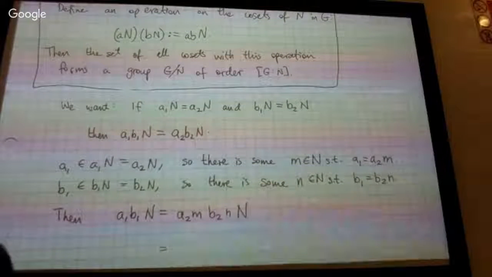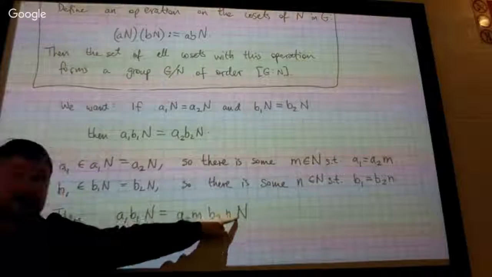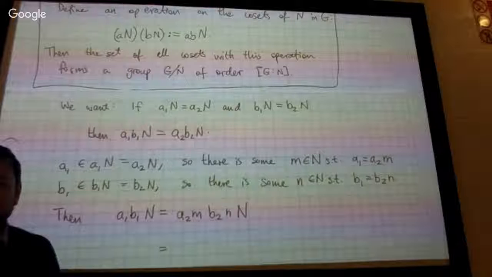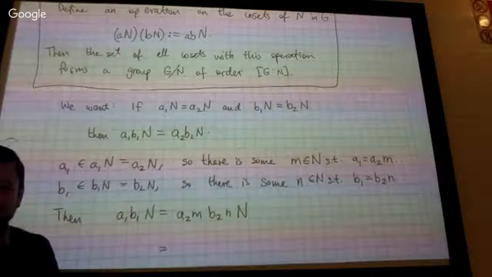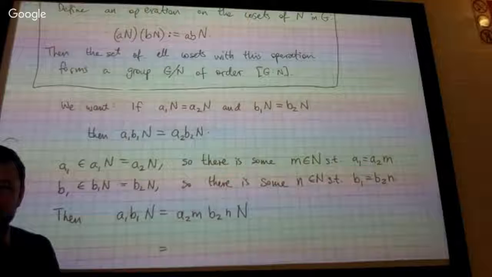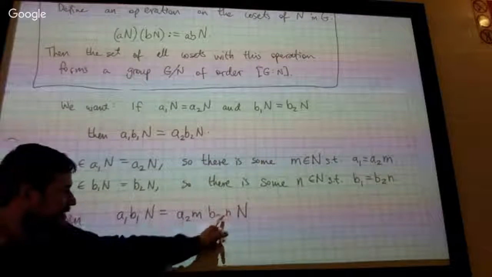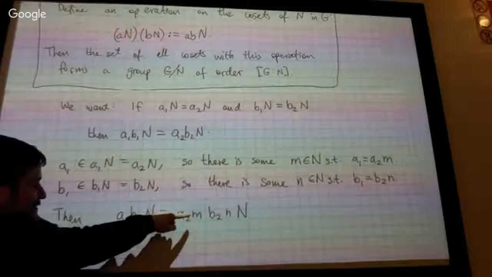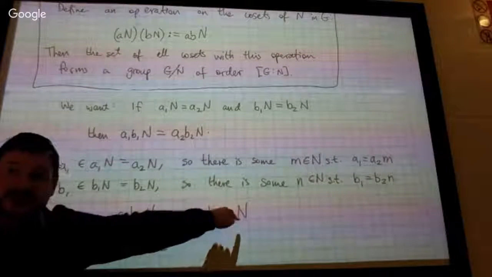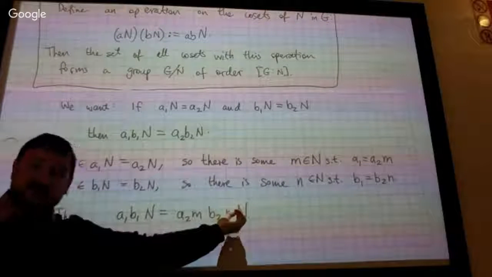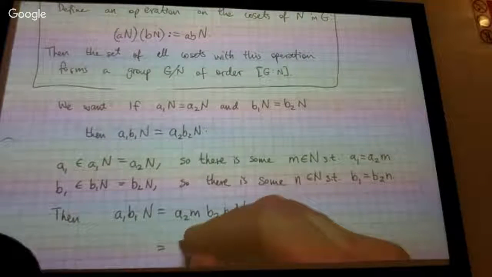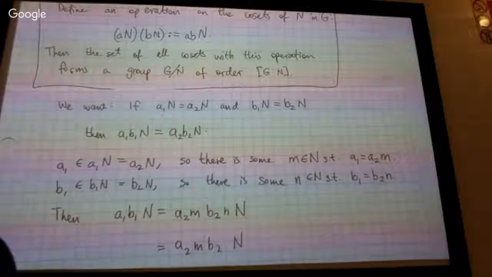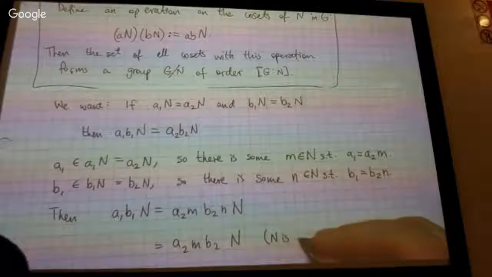Now, because this is in N, it can get swallowed by this N. It's going to be eaten like this. Because if you have an element A2, some element of N, B2, and some element of N, these two form an element of N, because N is a group.